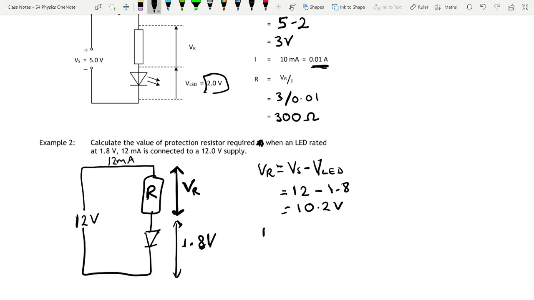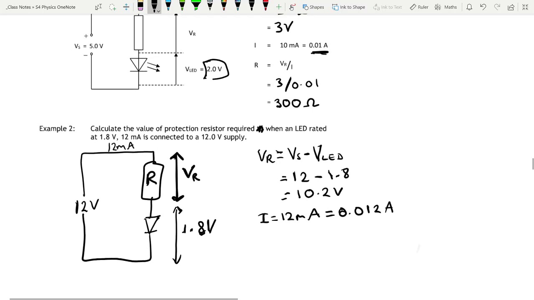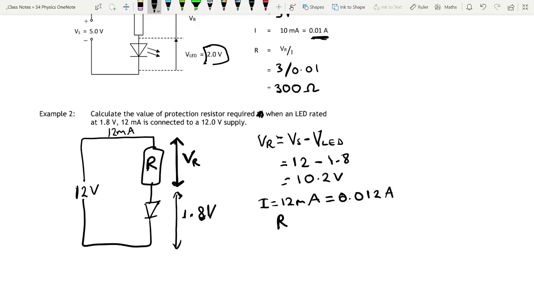We know the current is 12 milliamps, but we're best changing that into amps straight away. So 0.012 amps. And then we find the resistance of the resistor by taking the voltage across the resistor and dividing it by the current.